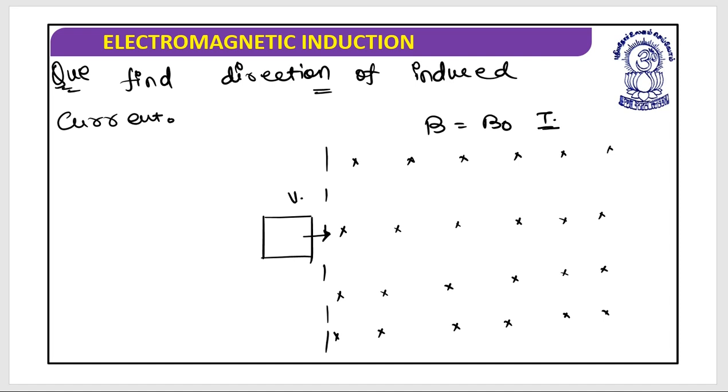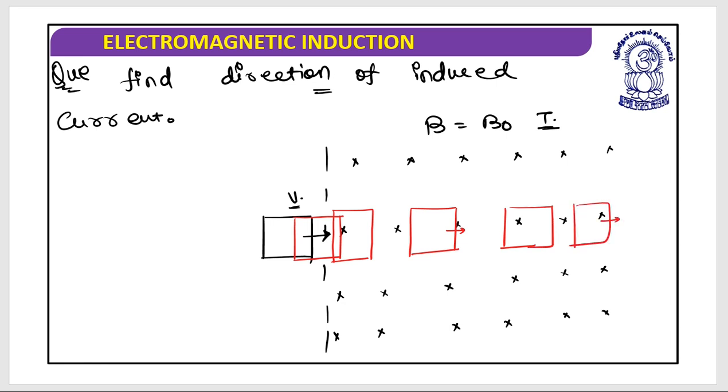As you can see, this square frame is moving inside the region. At one time it has entered this much into the magnetic field. At another time it will be moving like this, and like this, and now it is just leaving the magnetic field, something like this.